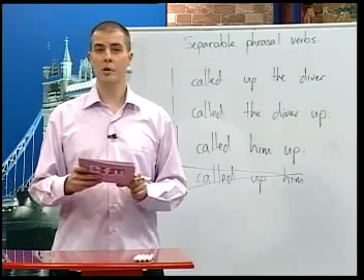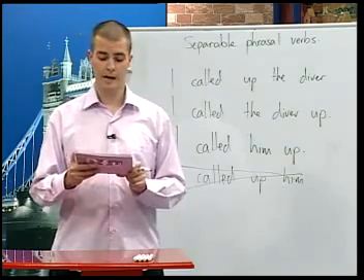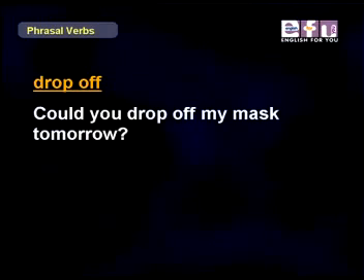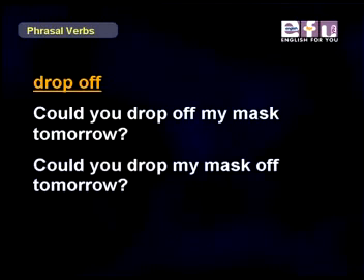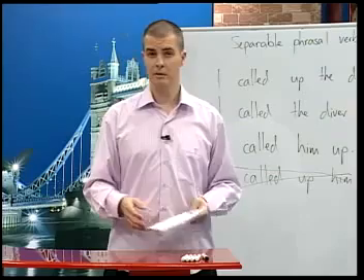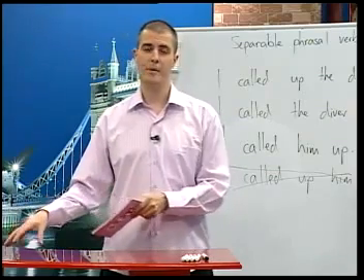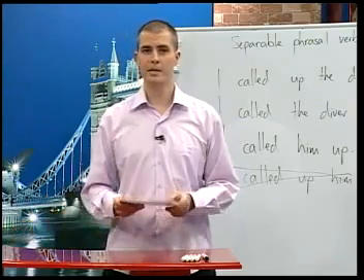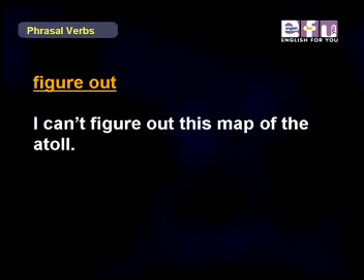Some other examples of this type of phrasal verb are: drop off. Could you drop off my mask tomorrow? Could you drop my mask off tomorrow? To drop off means to take something or someone somewhere and then leave that person or that thing in that place. Figure out. I can't figure out this map of the atoll.